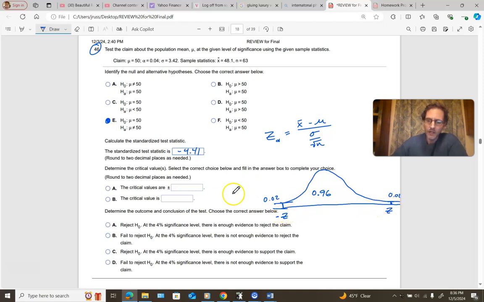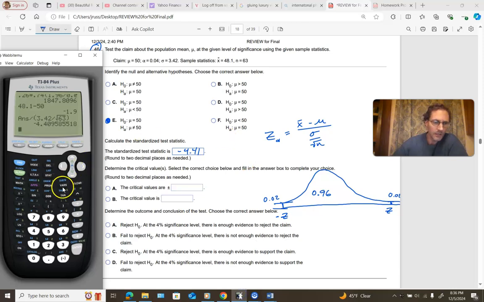It doesn't matter. You can use that inverse normal function, but you got to put the area that's to the left. Okay. So I think in class I just showed you to find the negative one because the area to the left is easier to find. So it's just 0.02. And then because we're looking for z, the mean and the standard deviation are 0 and 1 respectively.